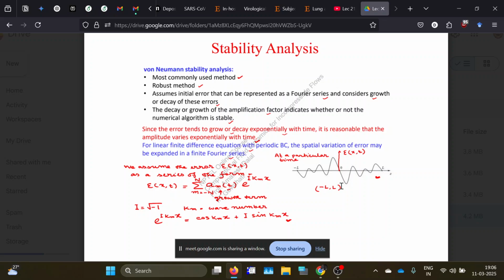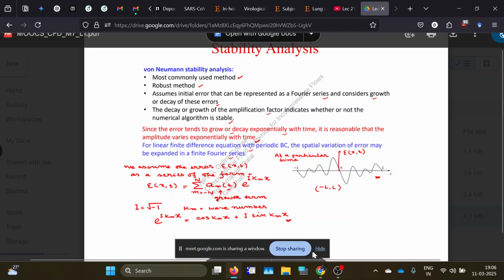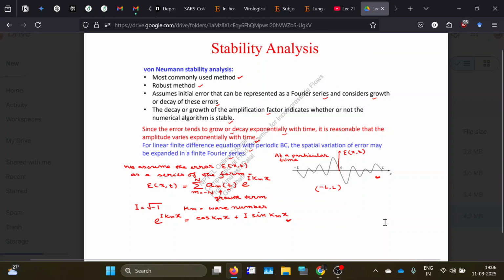This extra cos term comes with iota. I mean to say that all three are the same: sum of cosines, sum of sines, as well as sum of these e^(ikx). They behave in the same way. We have just written it in a different form, which is more general. It considers both cos and sine.